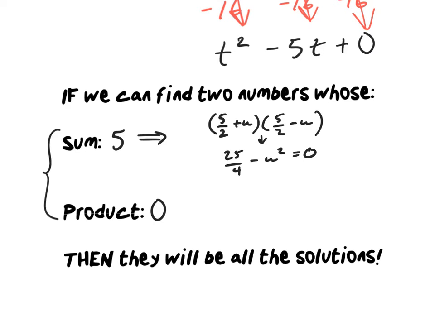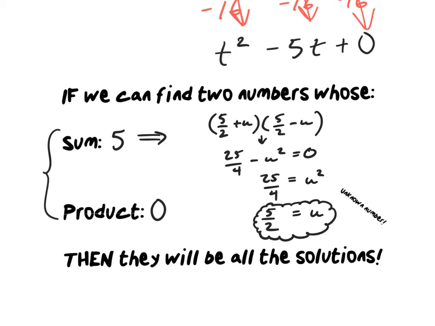And I set it equal to the product of 0. Now I can add u squared to the right side, and that leaves me with 25 over 4 is equal to u squared. Square rooting both sides, u would then be equal to 5 over 2. So what we have found is the unknown number.